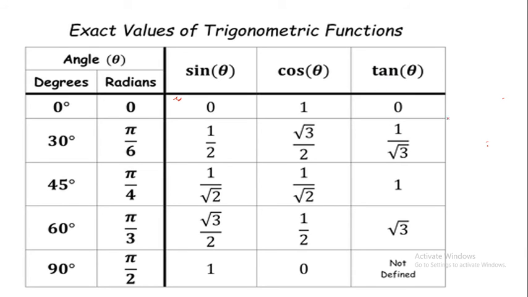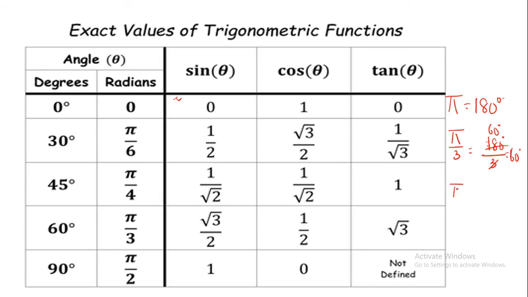Before going to that, we will just know what is radian. You should know the value of this. This is called pi. Pi is equal to 180 degrees. So if they ask you pi by 3 means what? 180 by 3. 3 ones are 3, 3 sixes are 18, so pi by 3 is 60 degrees.